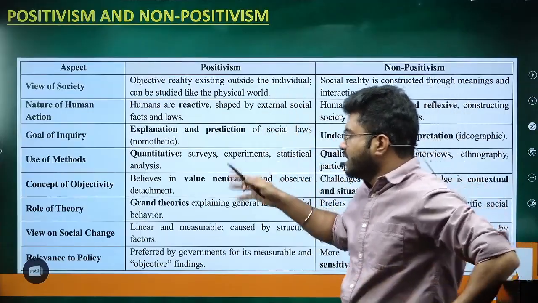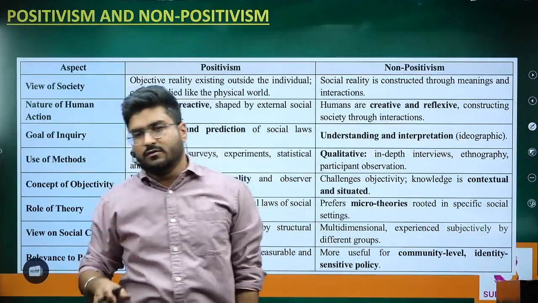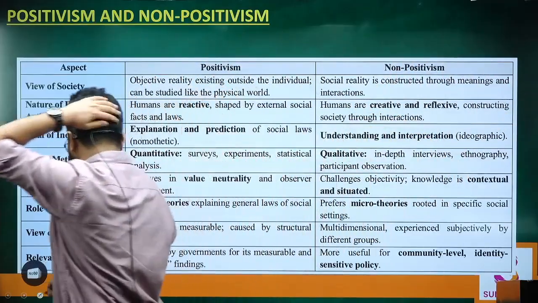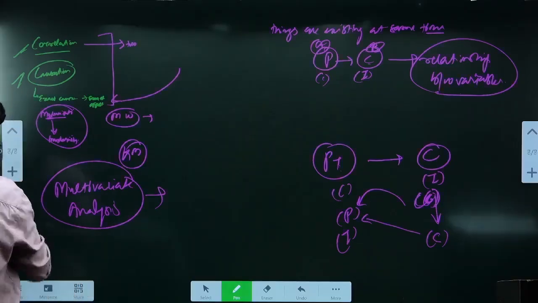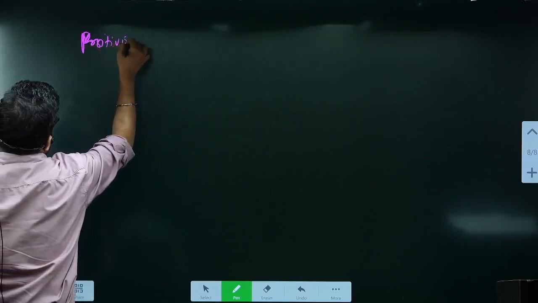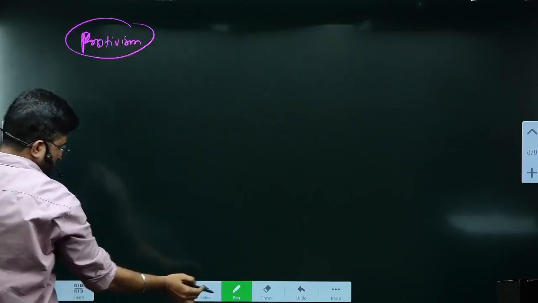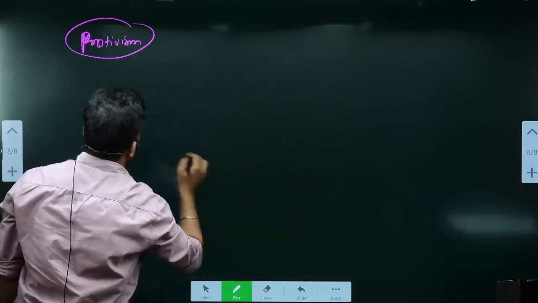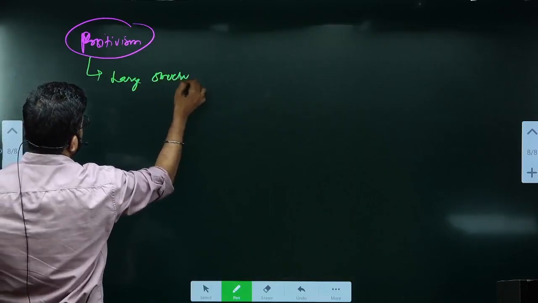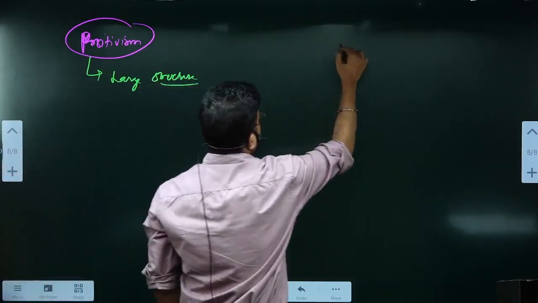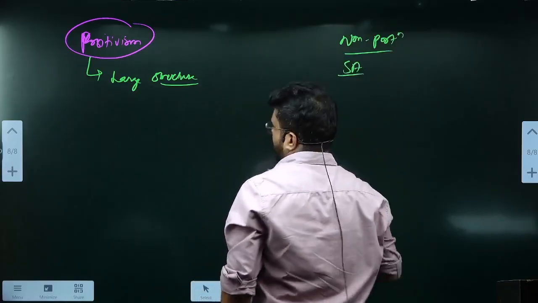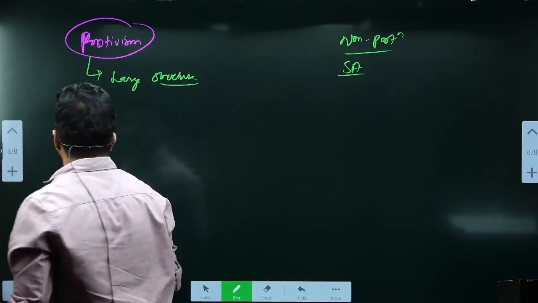So for positivism, their main focus is on large structure. For non-positivism, main focus is on social action. ठीक है?